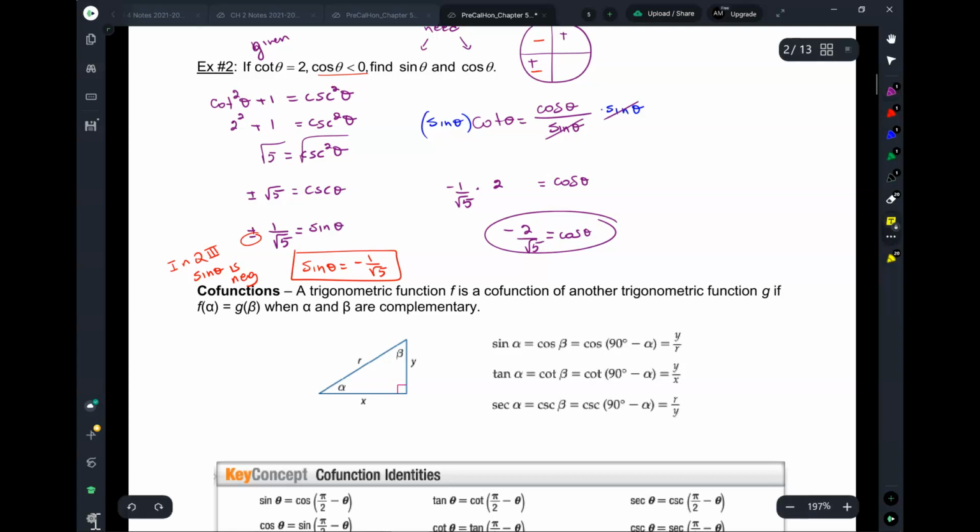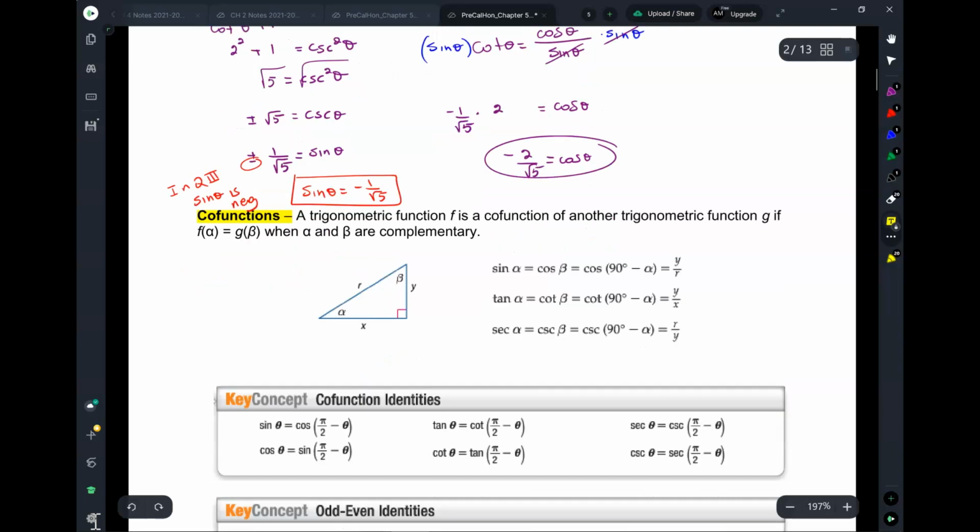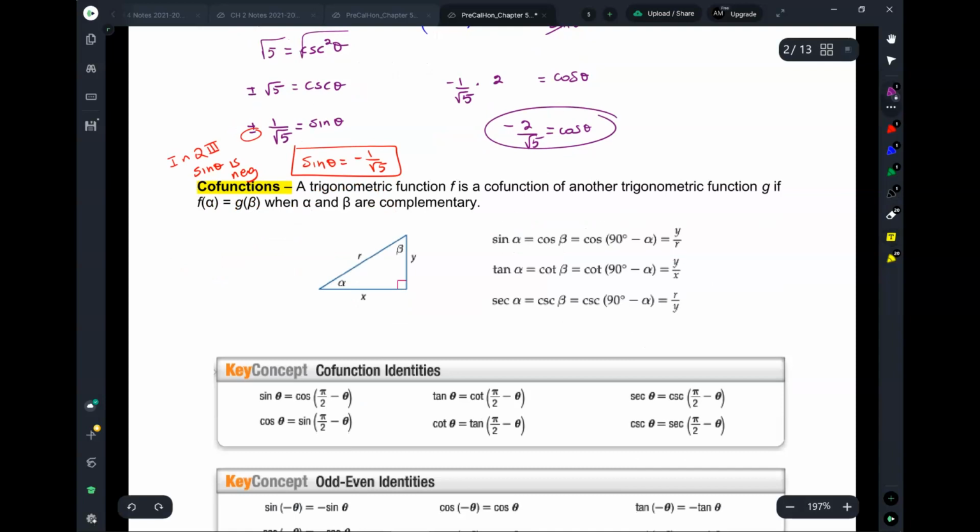Okay. Next, what we're going to talk about are called cofunctions. Okay? So take a look at this for a minute. Suppose you have a triangle like this, okay? And suppose this is alpha here. Suppose that's 30 degrees. How do you know what beta is? I mean, we know it's going to be 60, but what would you do to find it?